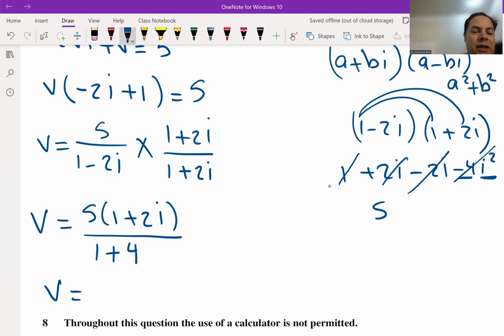So v in its simplest form, cancelling 5 with 5, is 1 plus 2i, written in the form a plus bi.